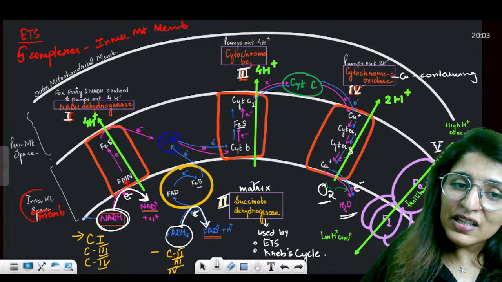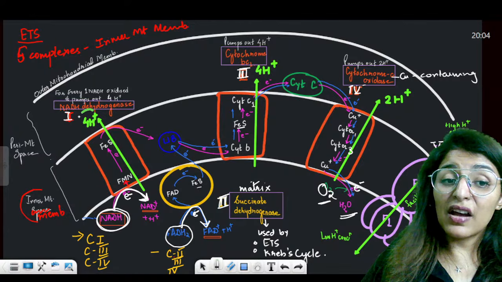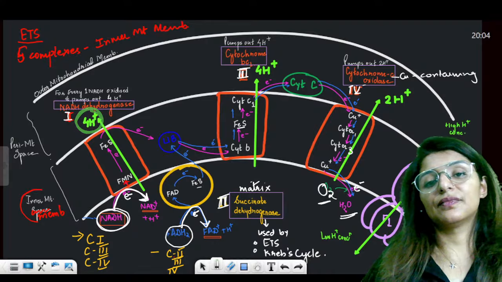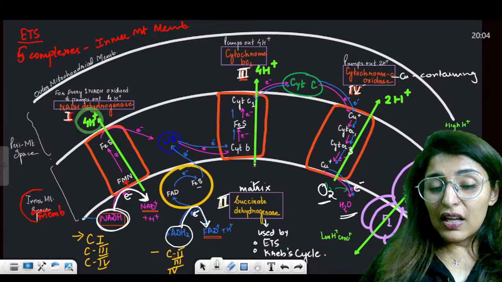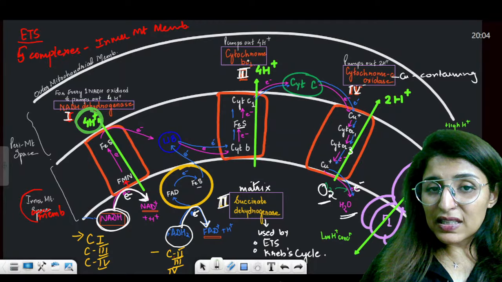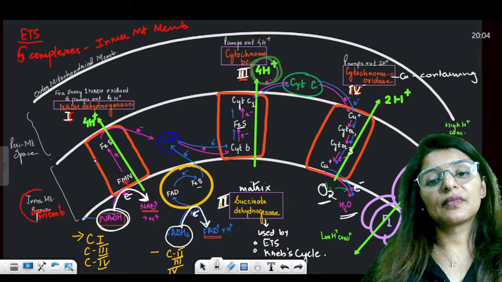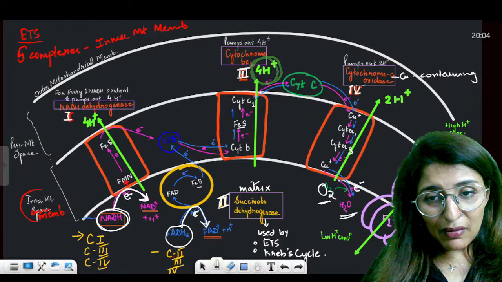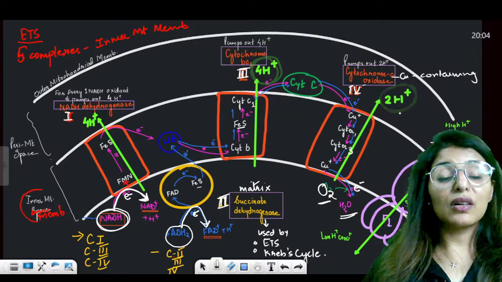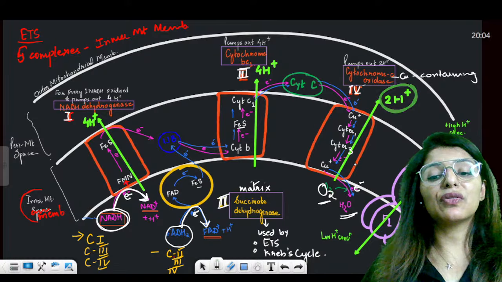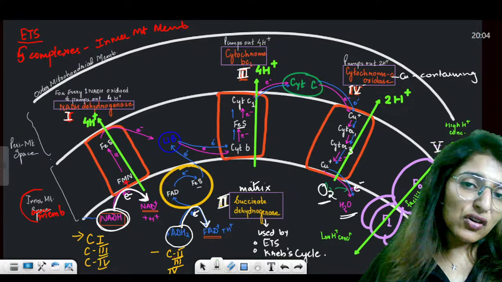While electrons are being transported from complex 1, 4 H positive ions will be moving out. Is that clear? Similarly, when electrons are being transported by complex 3, 4 H positive ions will be pumped out. Similarly, for complex number 4, H positive ions will be pumped out, but not 4. 2 H positive ions will move out of complex number 4 at the expense of transporting the electrons.